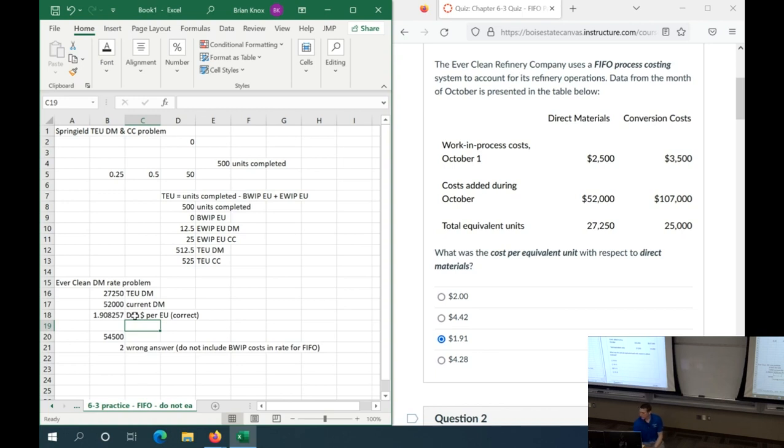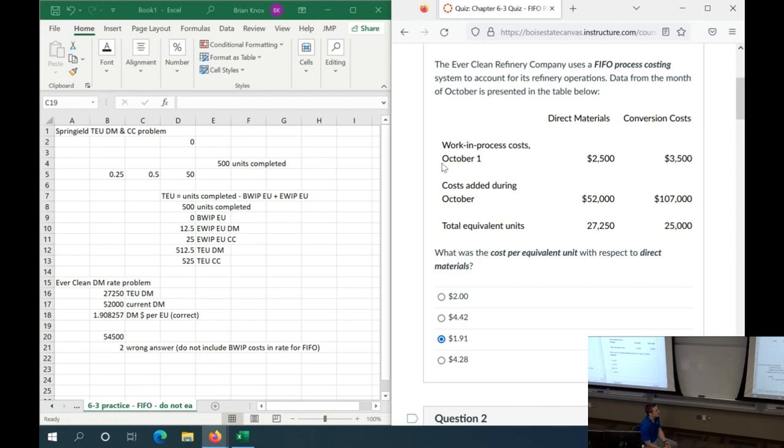So this is what the cost was at the beginning of the day, October 1st, and we added some costs during October. I could see somebody worrying when they see it: is this the end of the day, October 1st? Every time I say that, it means beginning WIP costs in this problem. Fair question. Good thing to double check.